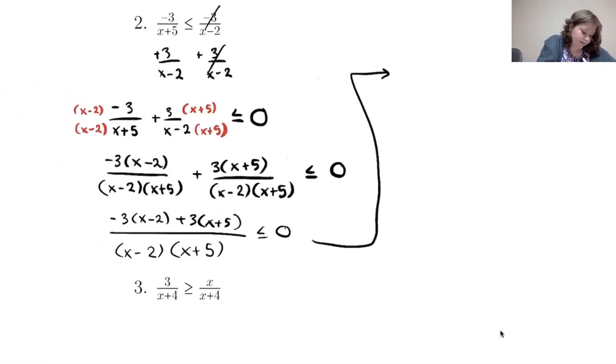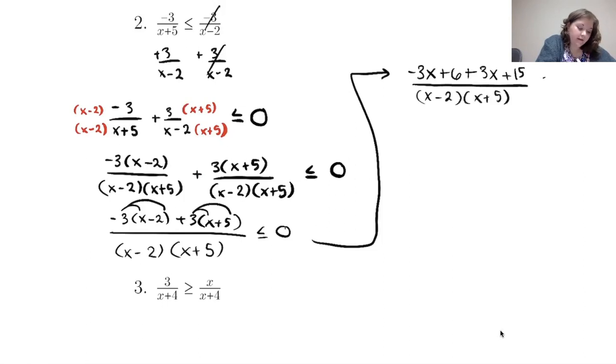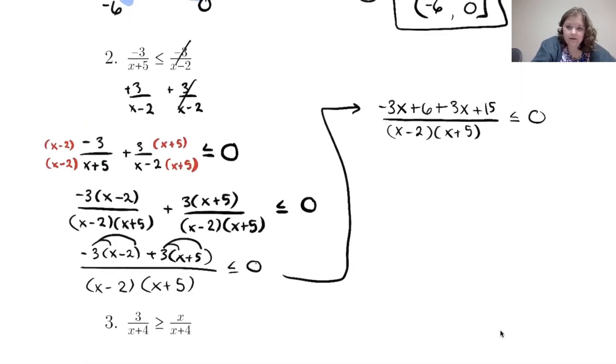And we're going to distribute this right here, -3x plus 6, and then we'll distribute this 3. So plus 3x plus 15 over x minus 2, x plus 5, and that's all less than or equal to 0. Sorry if you couldn't quite see that.